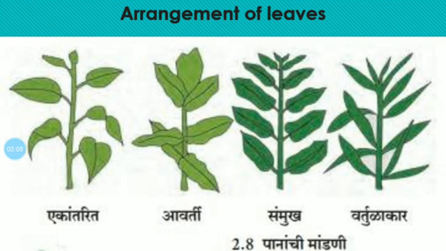So observe the branches of plants like rose, neem, coriander, hibiscus, etc. In different plants the arrangement of leaves on the stem is different. See, in different plants you can observe in the picture present on the screen.